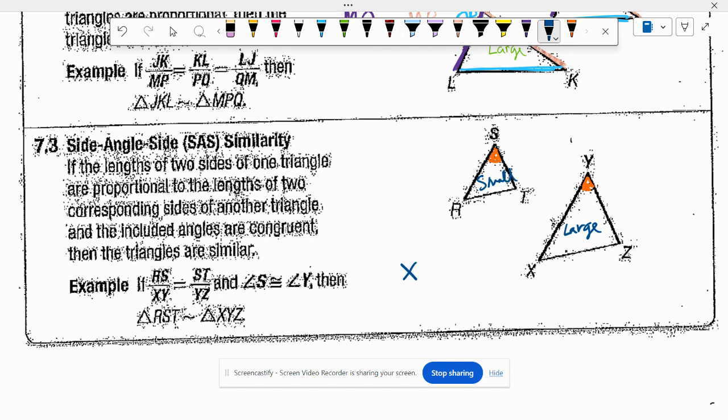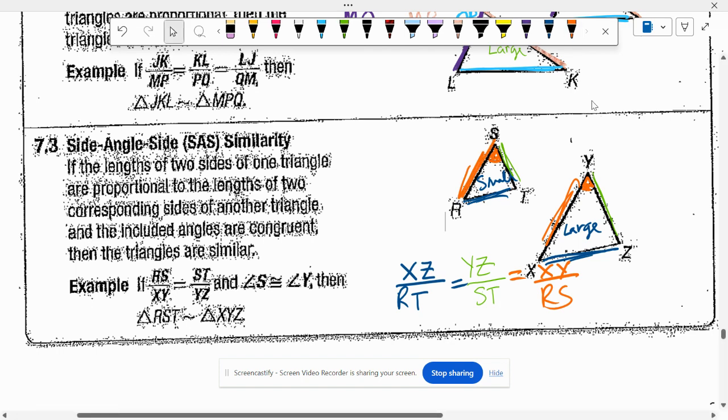So XZ has to be proportional to RT, which means that YZ has to be proportional to ST, which means that XY has to be proportional to RS. Okay. So we're just setting up proportions.